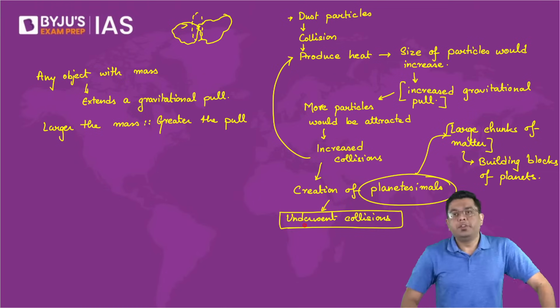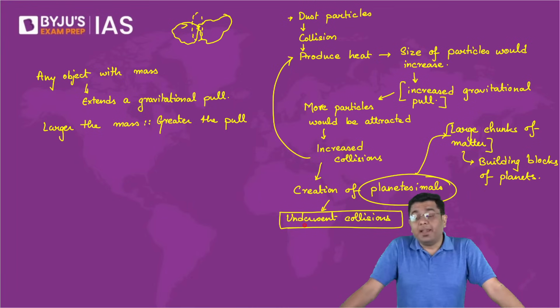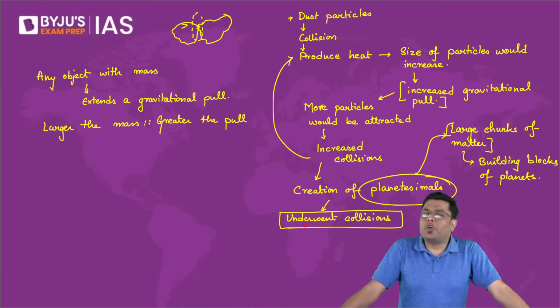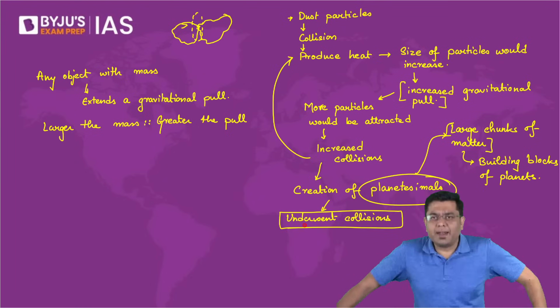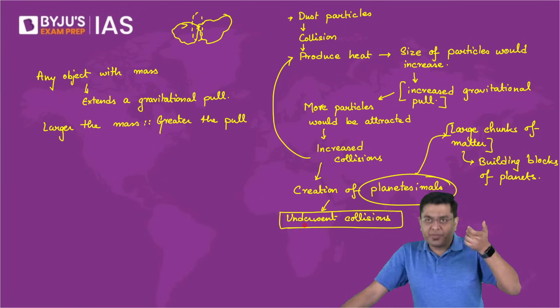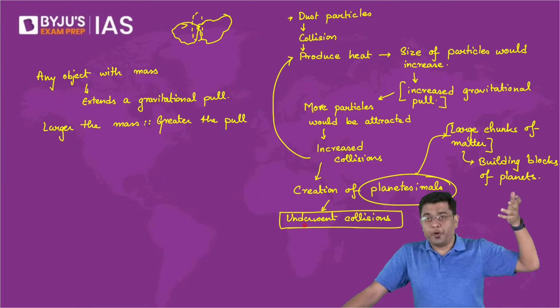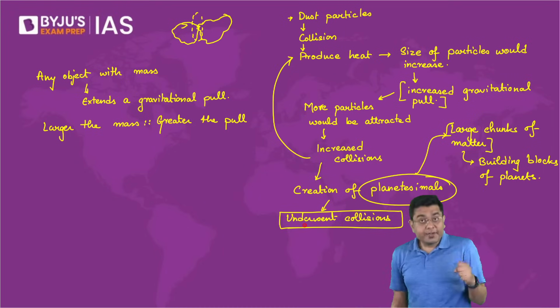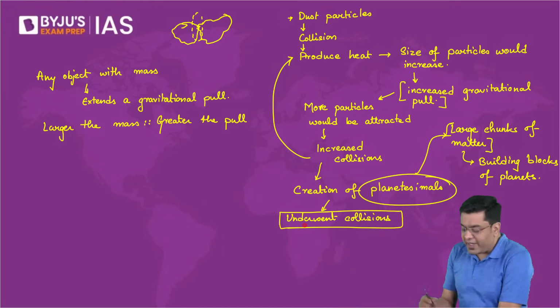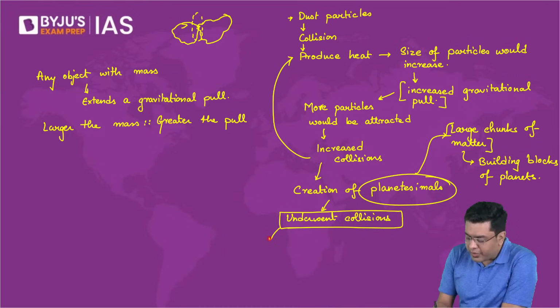Now, slowly and steadily, the size kept on increasing. Eventually, they collided and a large amount of material came together to form what was referred to as the earliest form of the planet, sometimes referred to in technical terminology as the protoplanets. So those were the earliest form. Here, in the case of the planet Earth, what was created was a large molten mass.